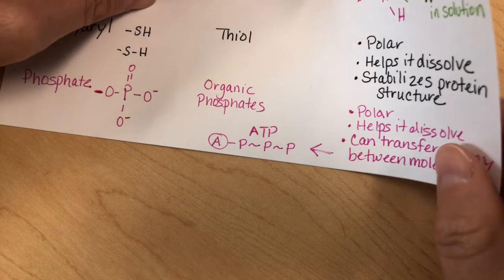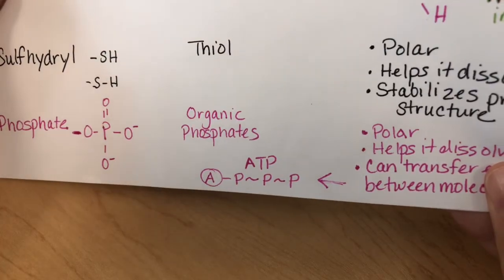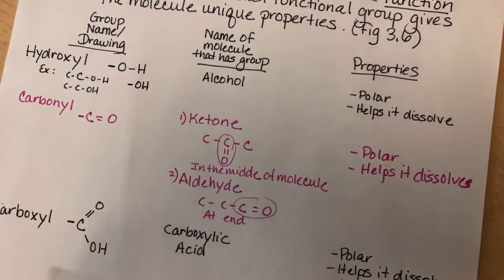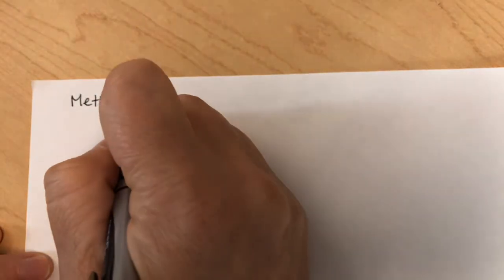Okay, so then let's look at the last one, which is the methyl group. And I write too big, so I have to go ahead and put it on a last little sheet of paper here. And so the name is the methyl group. Okay, this looks like this.